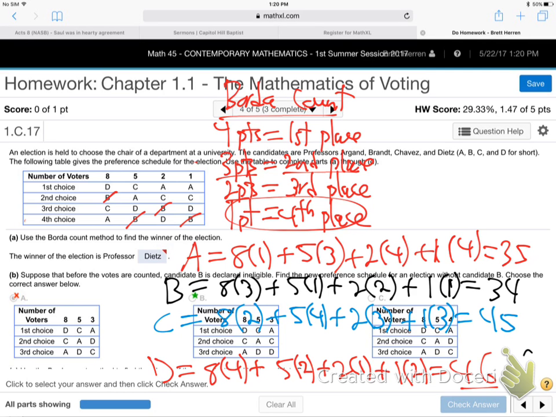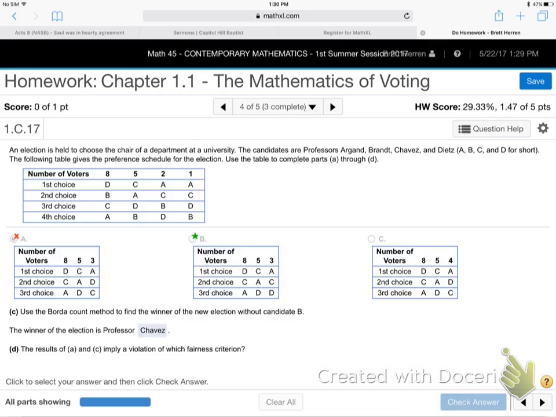Now, if you're good with that, there's another question based on that here. So here's our new preference schedule, B dropped out. Now, let's do Borda count again, which seems ridiculous, right? We've already done the whole entire thing.